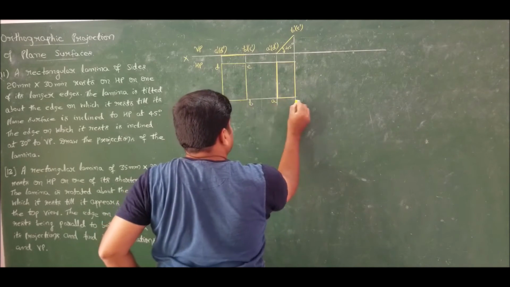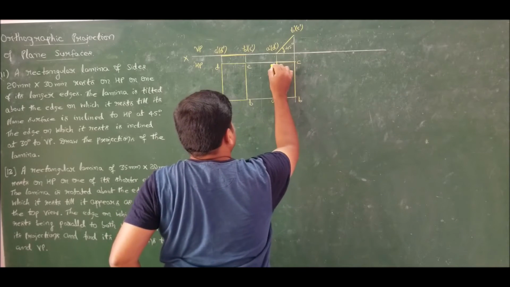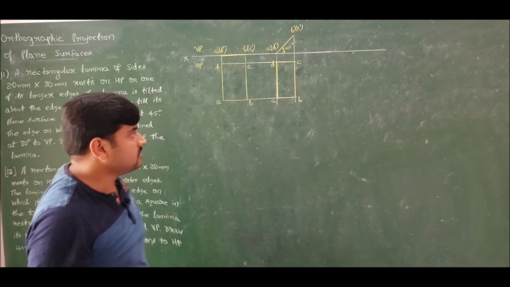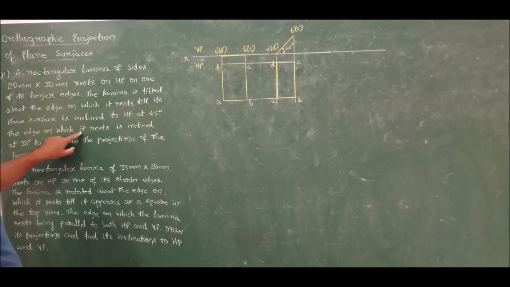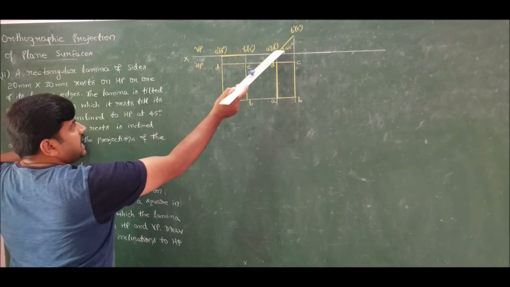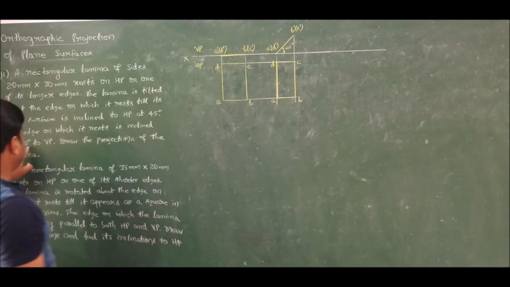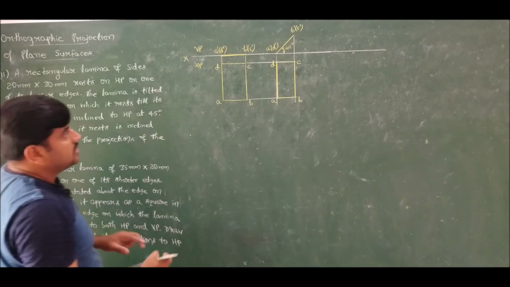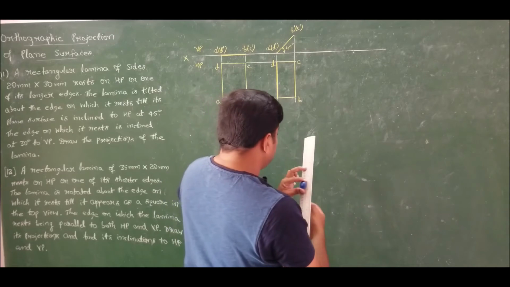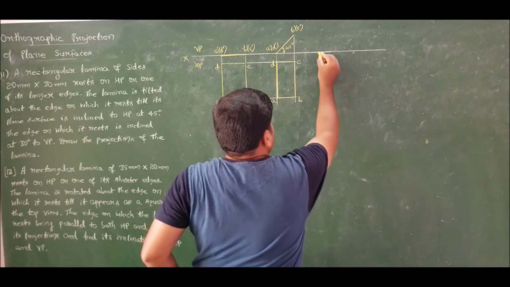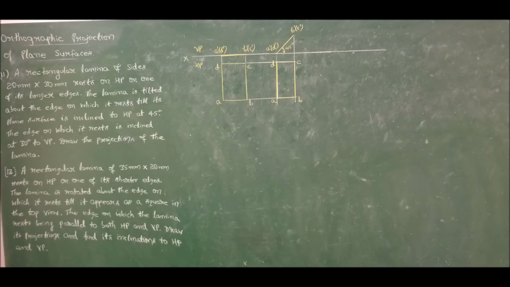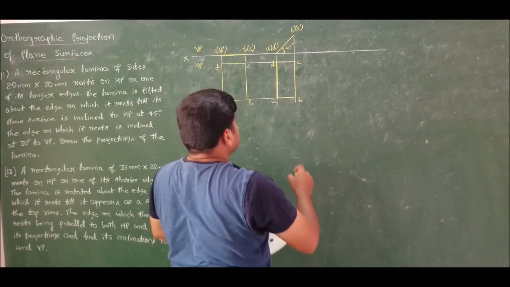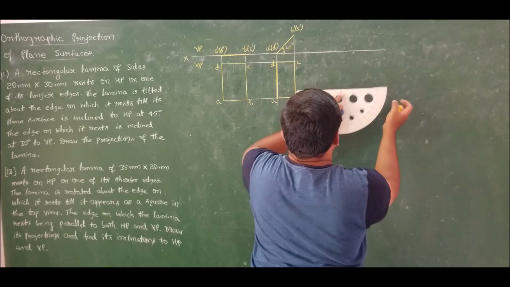So this is A, B, C and D. Now he says that the edge on which it rests, it is resting on the edge A dash, D dash, is inclined at 30 degrees to VP. So therefore, let me draw a 30 degree line. Or let me incline it this way.